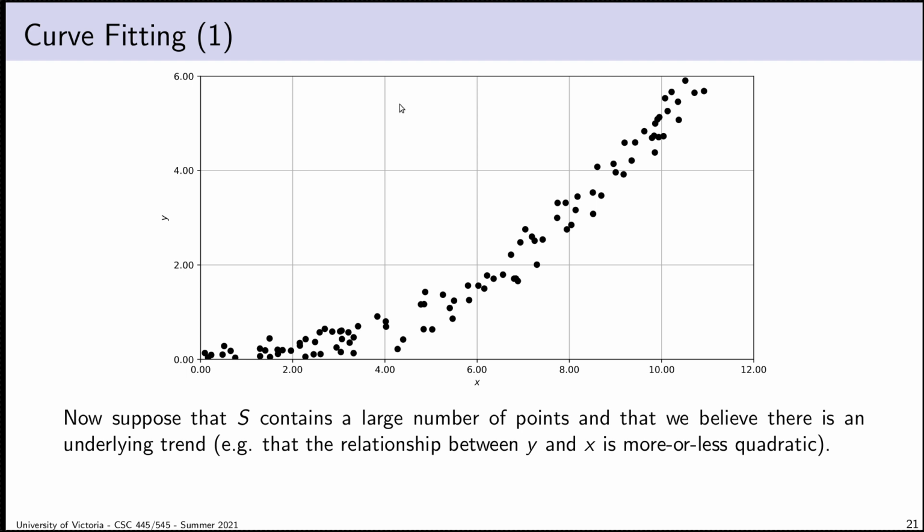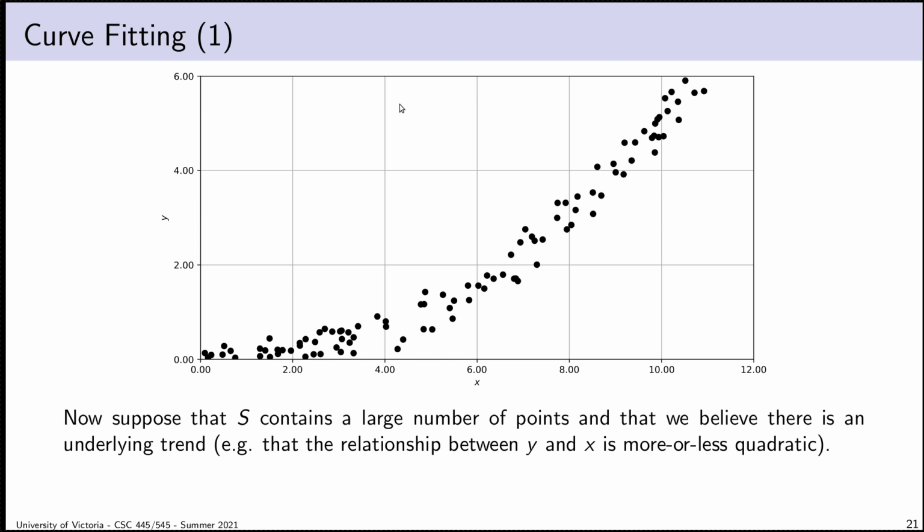Okay, suppose now that I have taken a large number of observations. This doesn't only apply to observational data, but observational data is a very good case study for this. Suppose that I have gathered a large set of observations meant to demonstrate a particular relationship.